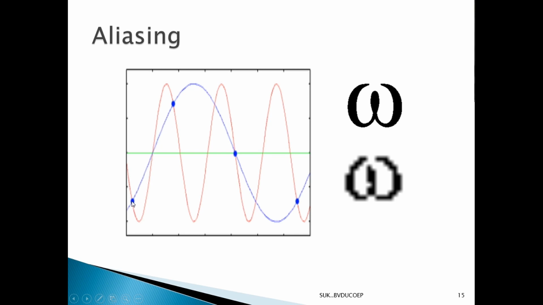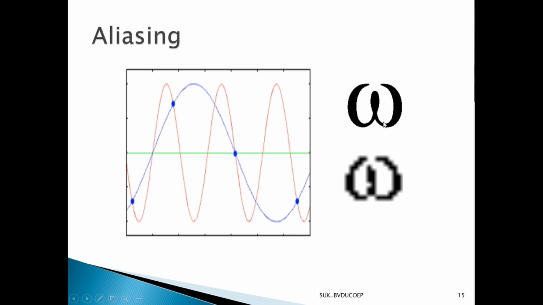Here it is sampled once, here it is sampled once, so only 4 samples are taken. You can see the signal frequency is more here and the sampling frequency is less. So when I reconstruct, I will see this, which is a low frequency. This is the alias signal, or false signal, observed.